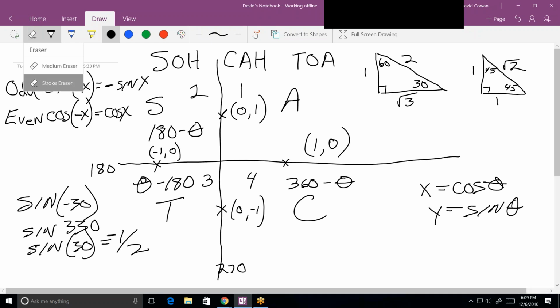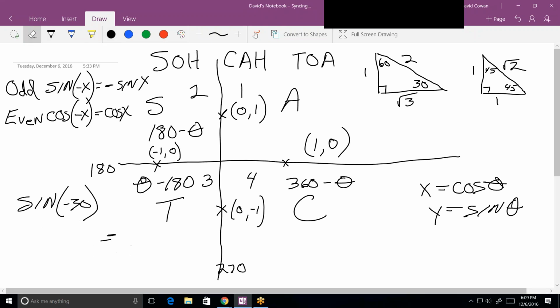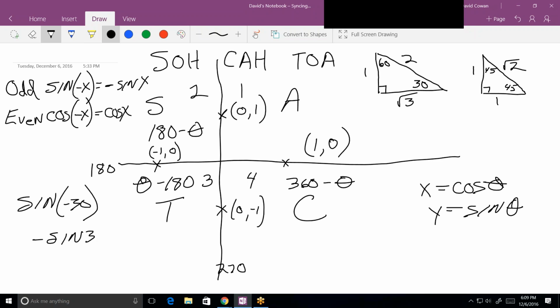Well, I can avoid one of those steps big time by using the fact that it's an odd function. The sine of minus 30 is the same as minus sine of 30. And now I do not have to bring in the 330-degree angle into the equation. I know what the sine of 30 is. That's 1/2. Stick the negative sign in front of it, and you got your answer.